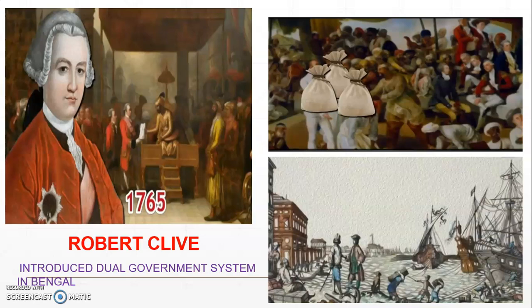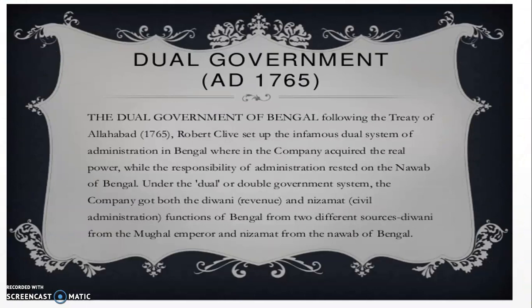So the working system of the company in India received criticism in England, and the British Parliament introduced some important laws to keep control over the company. This was the policy of the dual government system introduced by Robert Clive in Bengal.